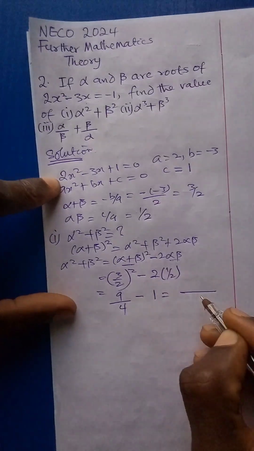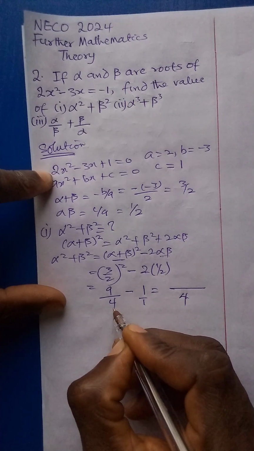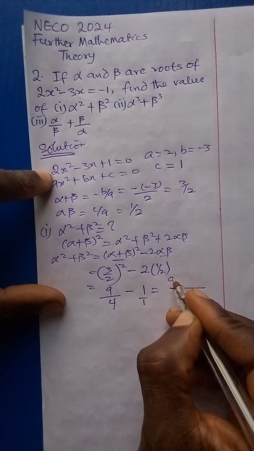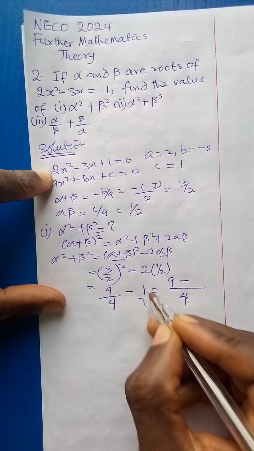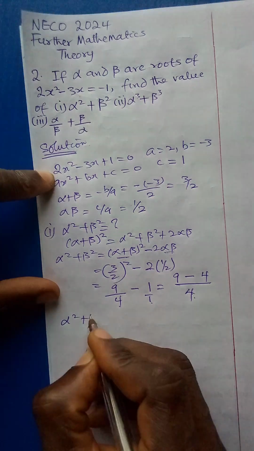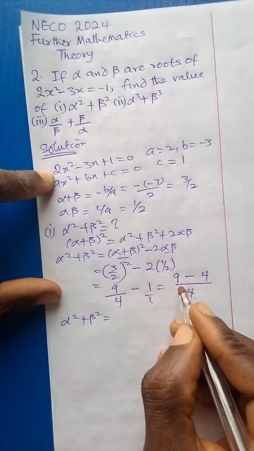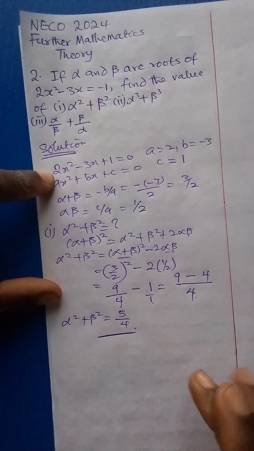So the LCM of these two fractions will give us 4. 4 divided by 4 is 1. 1 times 9 is 9. Then 4 divided by 1 is 4 times 1 will give us 4. So alpha squared plus beta squared is equal to 9 minus 4, which is 5 over 4.